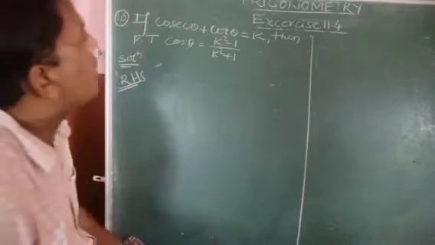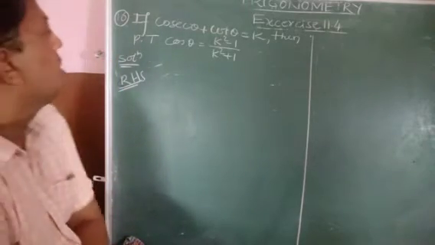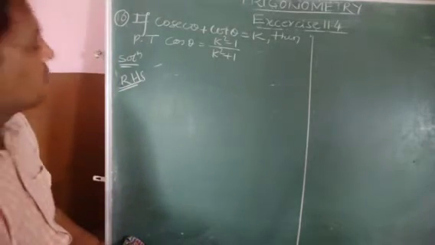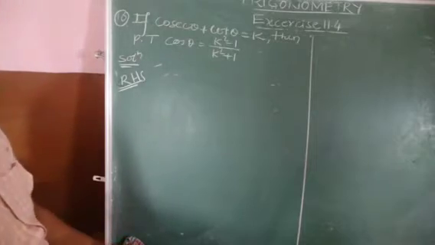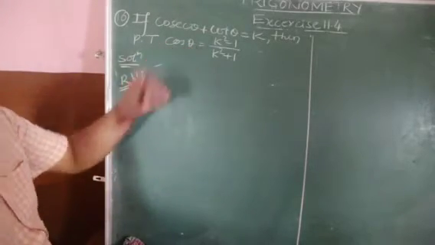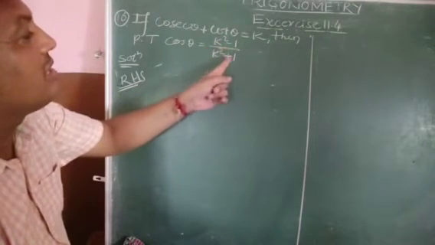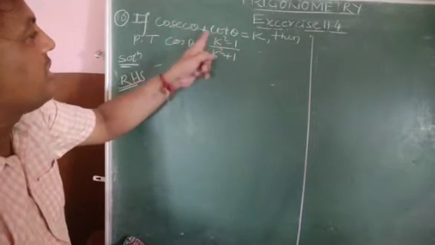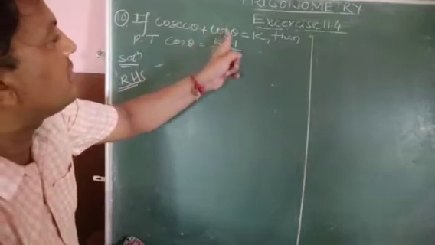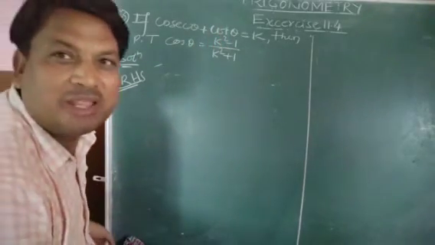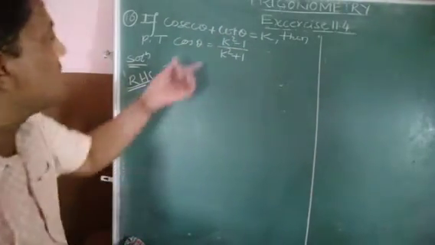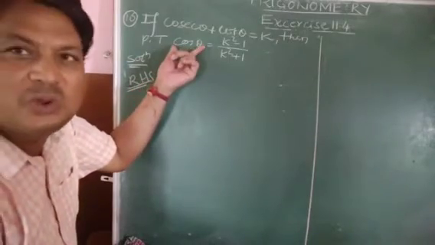If cosec theta plus cot theta is equal to K, then prove that cos theta is equal to K square minus 1 by K square plus 1. So children, here left hand side is only cos theta, but right hand side is K square minus 1 by K square plus 1, where K value is cosec theta plus cot theta. So it's better to take right hand side, because in left hand side no clue is given.